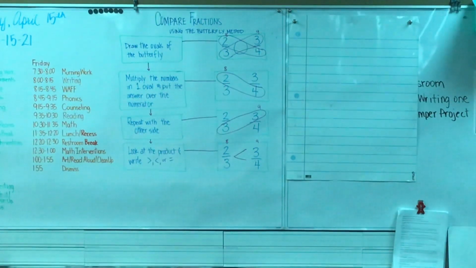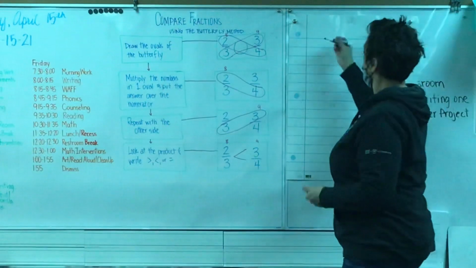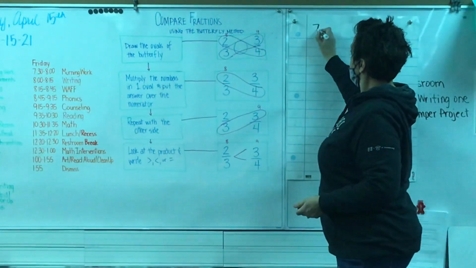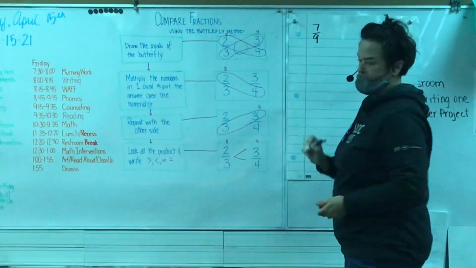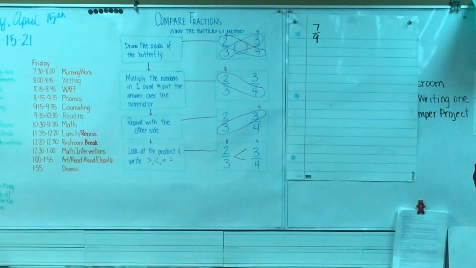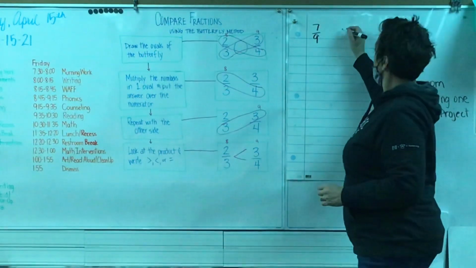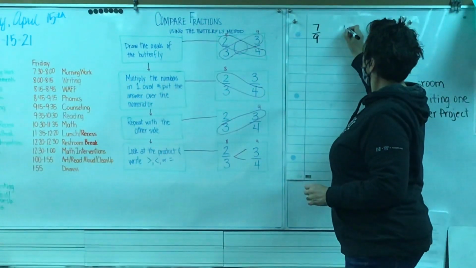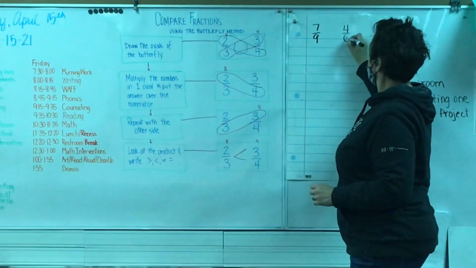Okay, for our first fractions, let's compare 7/9, which means we're going to have to multiply by 7 and multiply by 9, and 4/6.